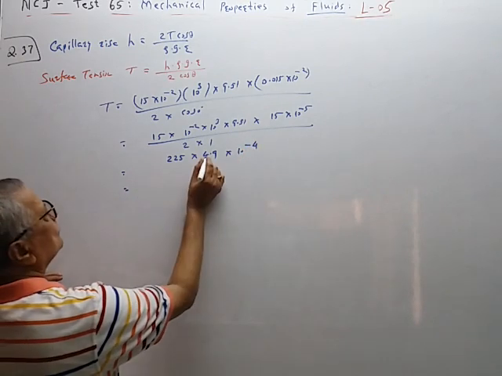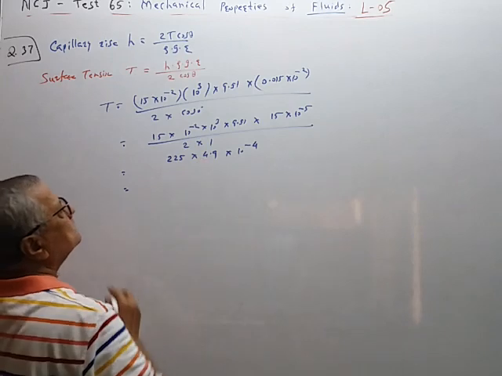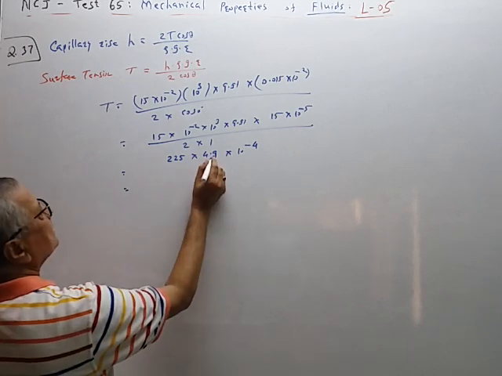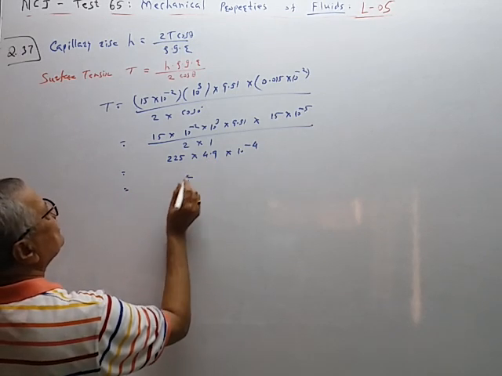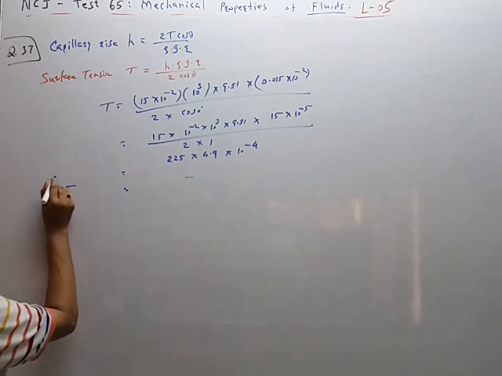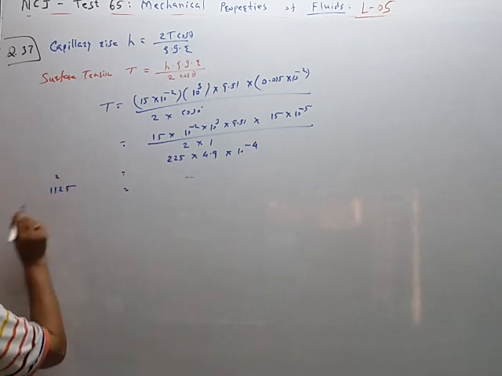So this is equal to nearly, this is nearly taken as 5, so 5 into 5, 25, and like this.